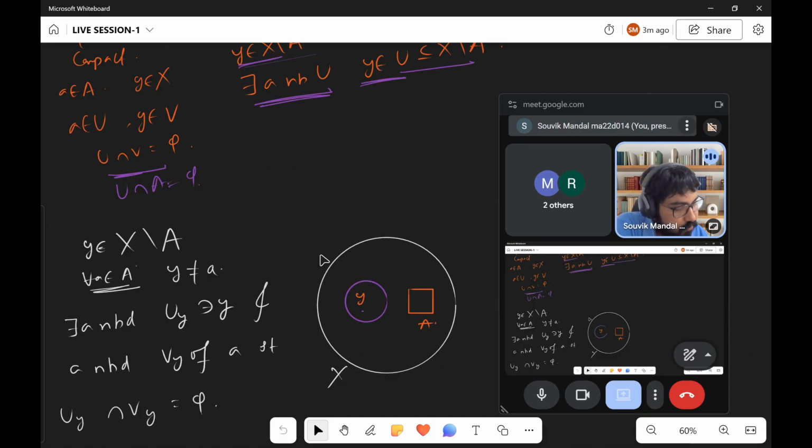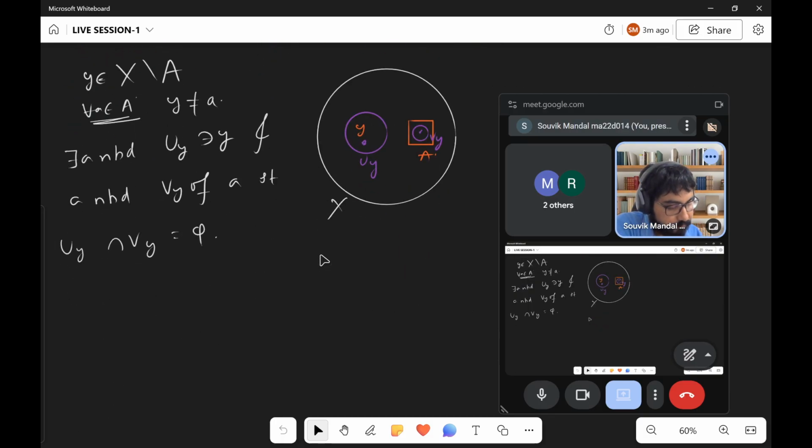So we are getting Uy here and we are getting Va around a. Okay. Let me just change the notations. So we are getting these open neighborhoods Uy and Va for each of the a, right?